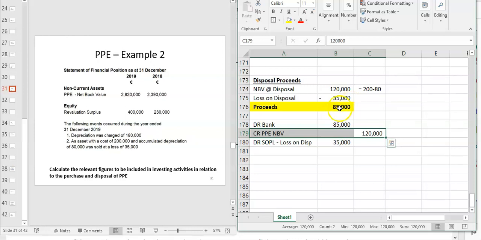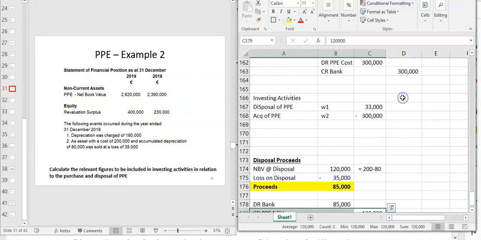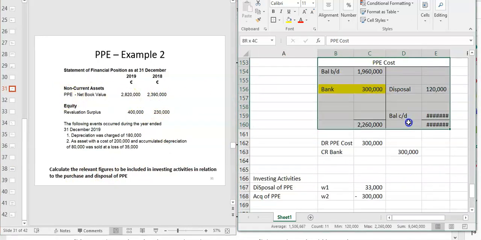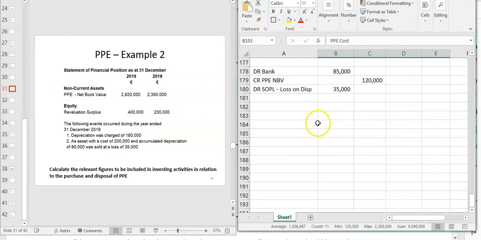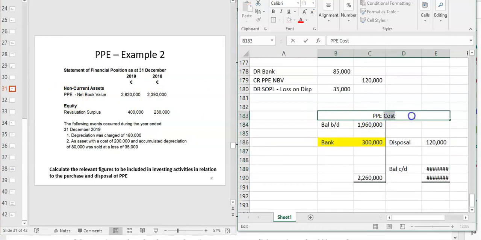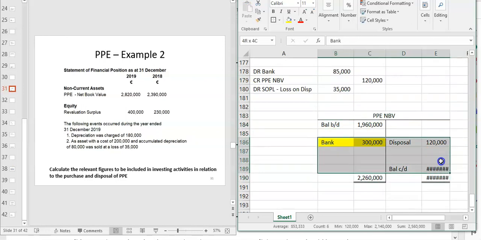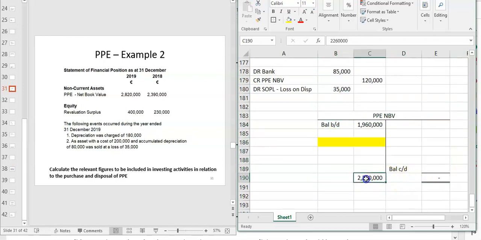So let's go on then and have a look at, well, how do we figure out the purchase of property, plant and equipment? We need to reconcile this net book value figure. So we're going to take a T account again, and we're going to open up property, plant and equipment. This time it's going to be net book value. So remember, what that means is you have accumulated depreciation and cost all lumped together here.